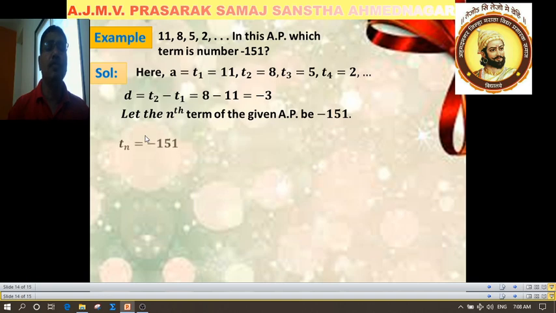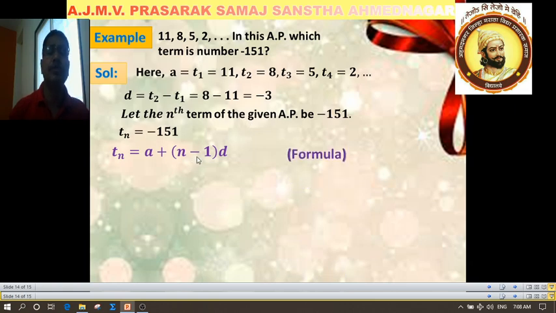So by using the formula Tn is equal to a plus n minus 1 times d. Now Tn is minus 151. So substituting the value of Tn as minus 151, the value of a is 11, the value of d is minus 3. So substituting the values, we have minus 151 is equal to a, which is 11, plus n minus 1 into d, which is minus 3.